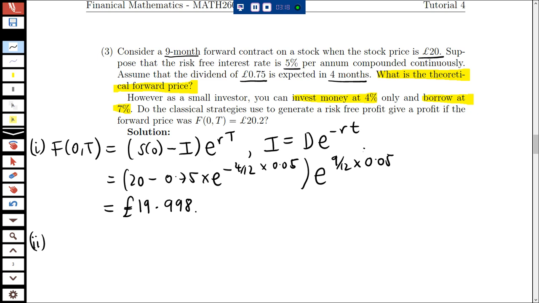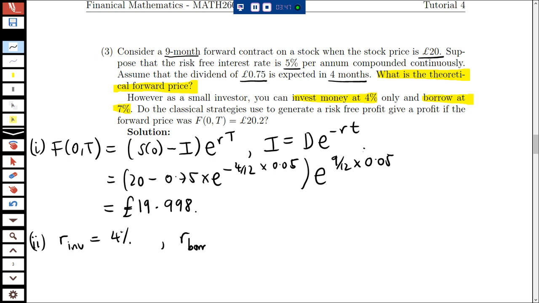The next part of the question, we need to use a classical strategy to generate the risk-free profit, and we're told that the forward price in this scenario is £20 and 20p. Okay, so let's just get some of these details down. So the rate that we invest is 4%.